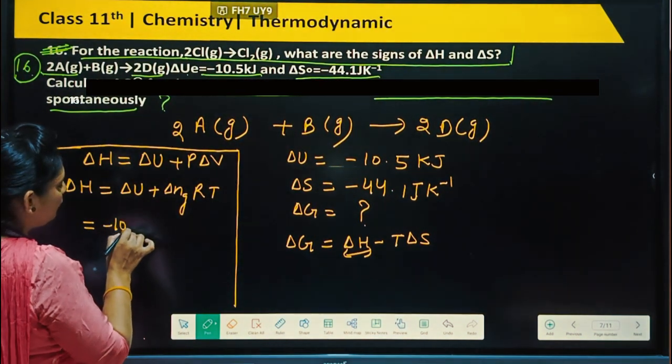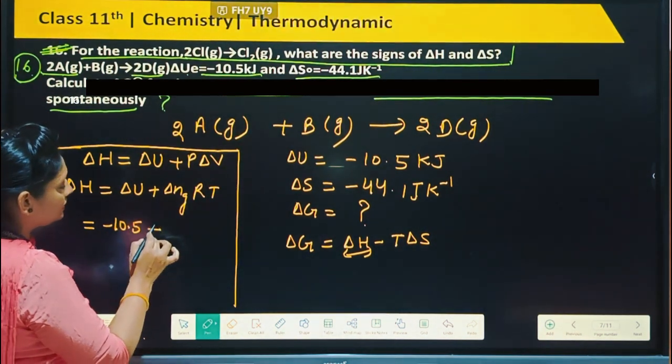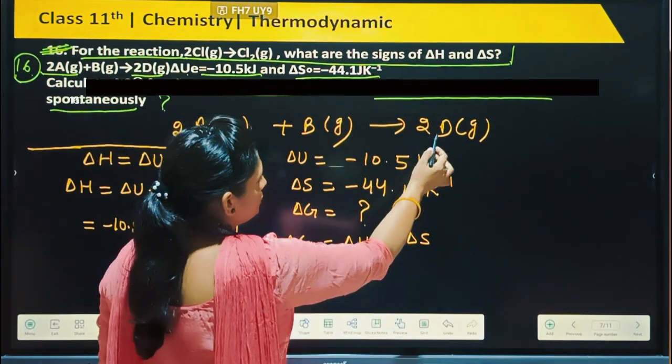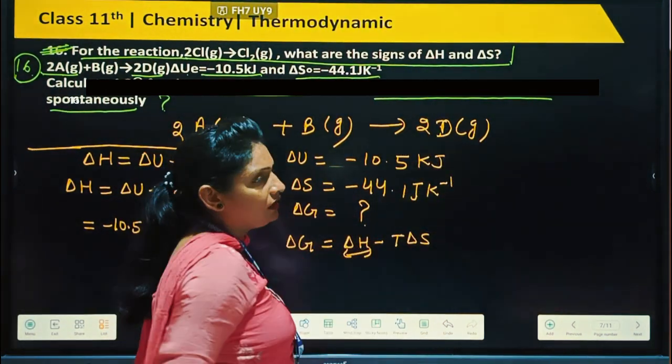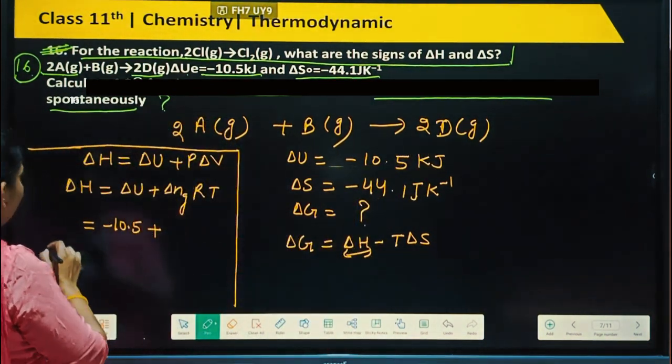That is minus 10.5 plus del Ng. Ng is the change in number of moles during a chemical reaction. So students, how can you calculate the value of del Ng?